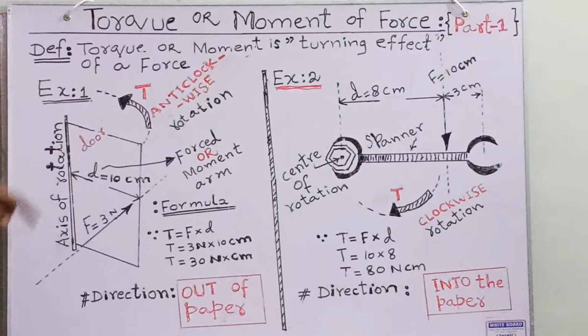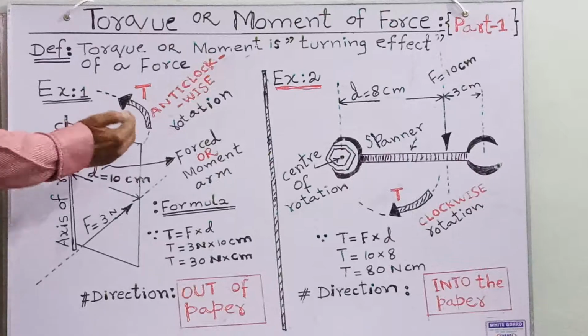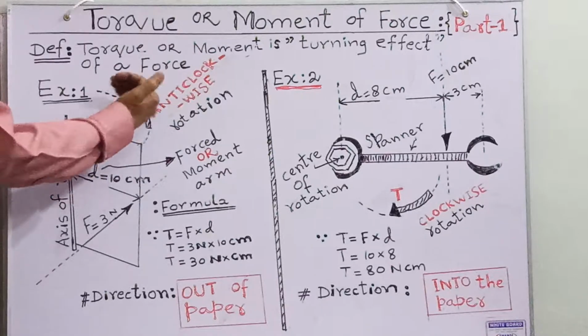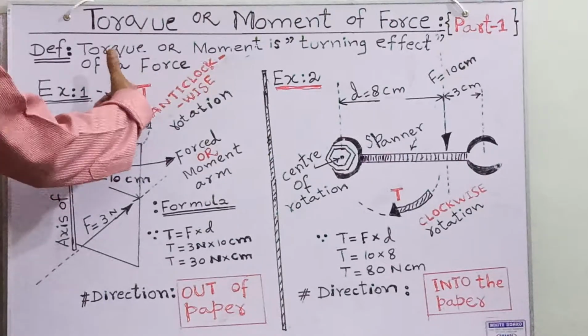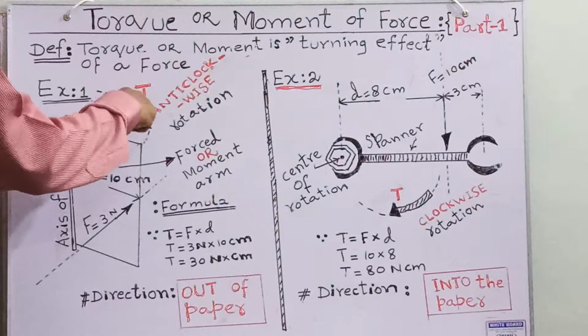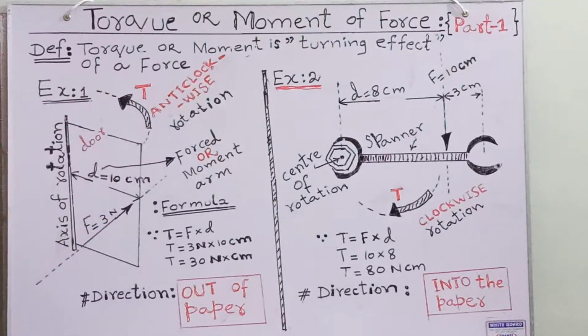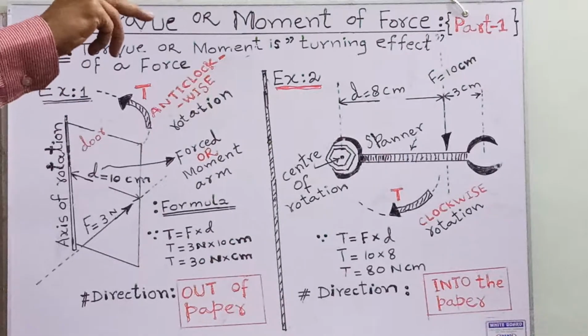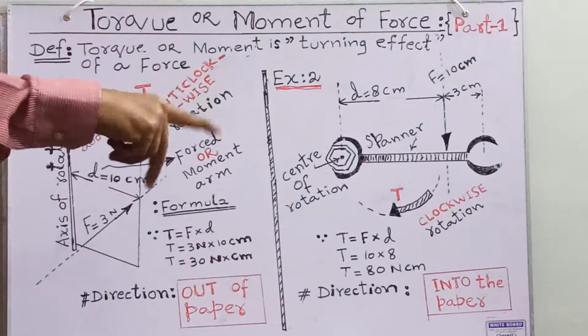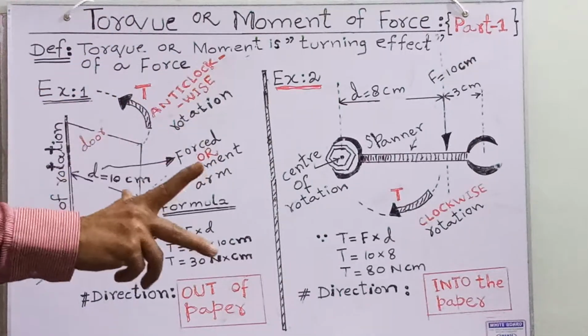Now, this diagram shows that the direction of turning is anti-clockwise. Why is it anti-clockwise? If we imagine the direction of motion of the hands of a clock, or the needle of a clock, we can remember that it moves in this direction, like that. Once again, let me make it clear.